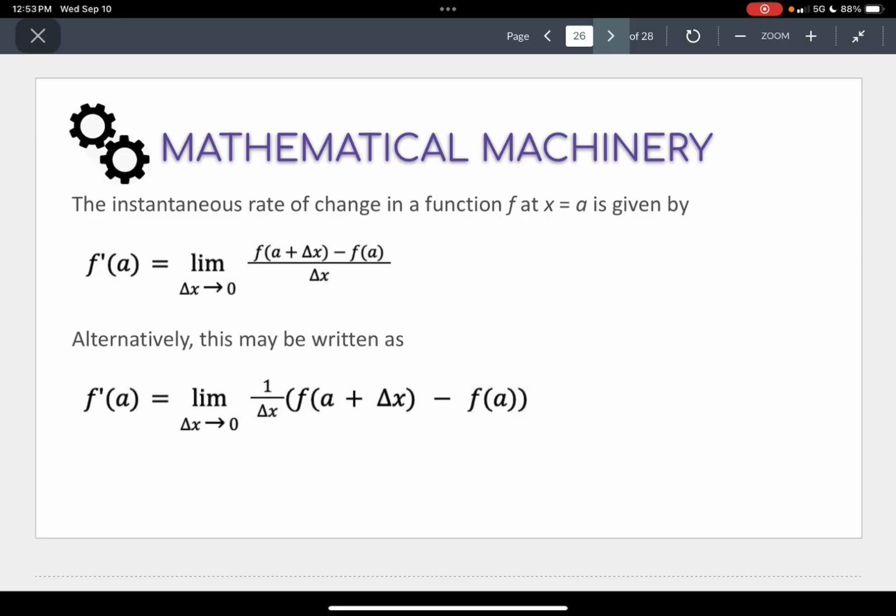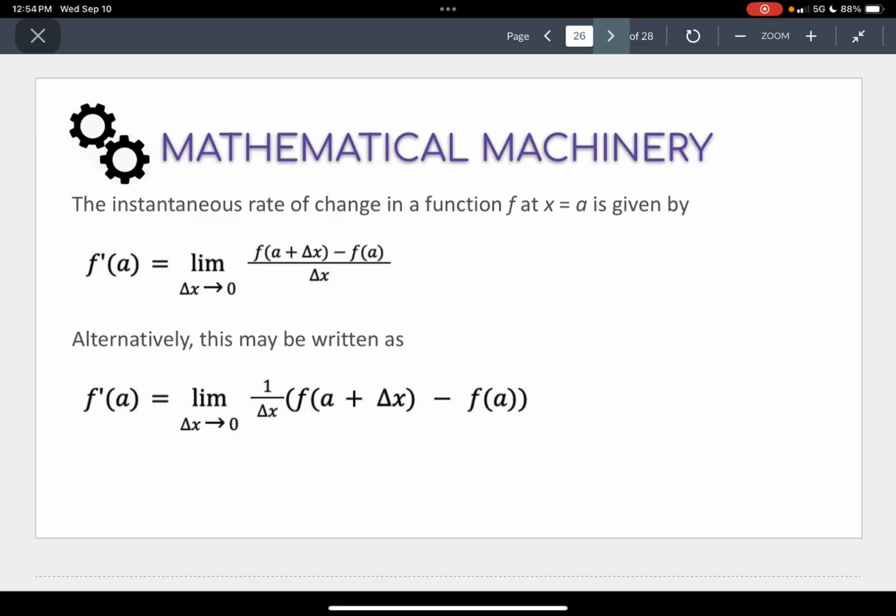That's the notation we use to represent instantaneous rate of change. It equals the limit as delta x goes to 0. Remember, delta x is that horizontal change, and we're letting that go to 0, as close to 0 as we want, of the quantity f of a plus delta x minus f of a. That's our vertical change, divided by delta x, once again, our horizontal change.